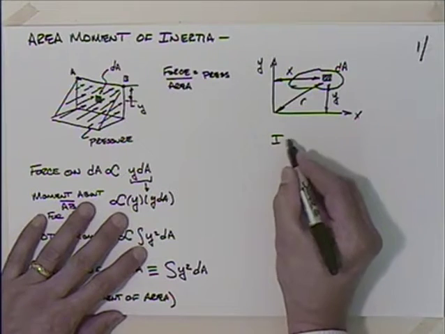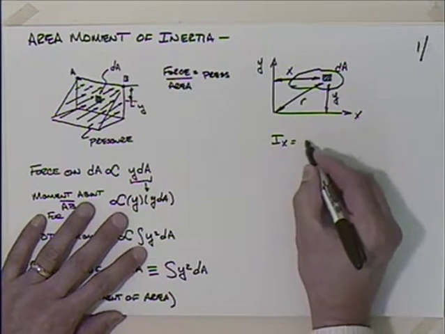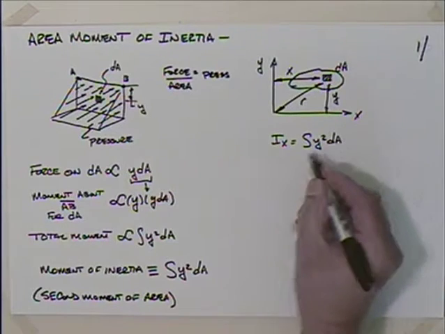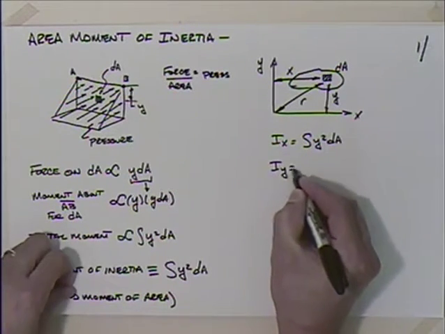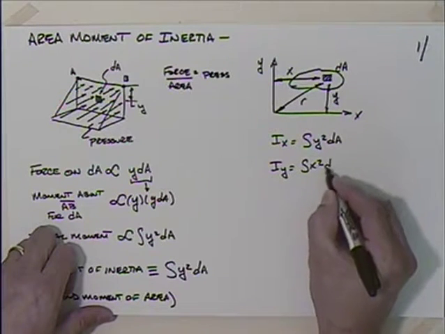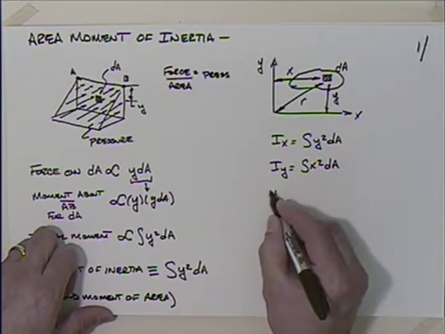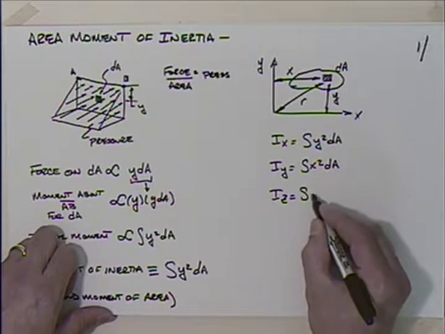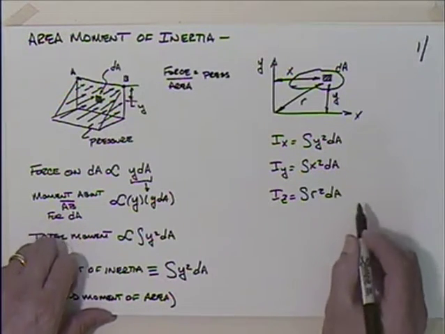So I could say I about x is going to be equal to the integral of y squared dA, that I about y is equal to the integral of x squared dA, and we could even talk about I about z, which would be the integral of r squared dA.